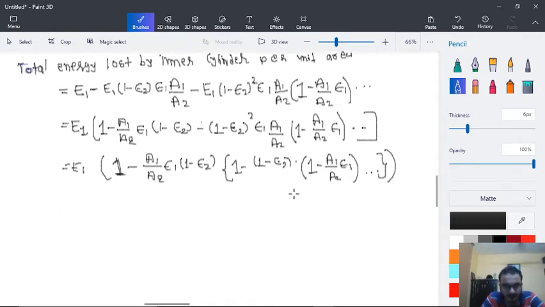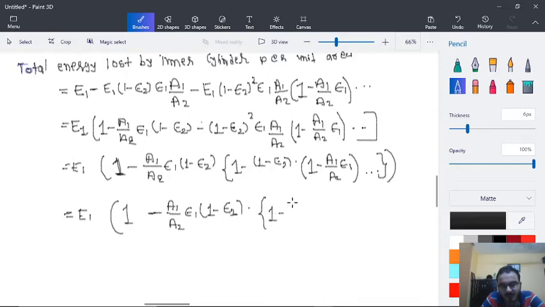So now what we can do is, we can shorten this infinite loop with 1 minus A1 upon A2 epsilon 1 into 1 minus epsilon 2 into 1 minus epsilon 2 into 1 minus A1 by A2 epsilon 1 inverse 1.